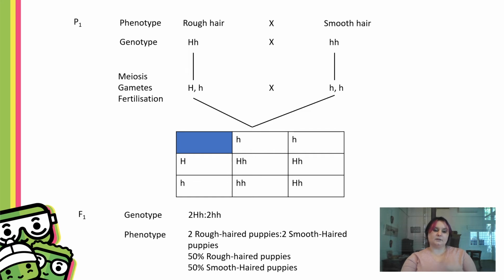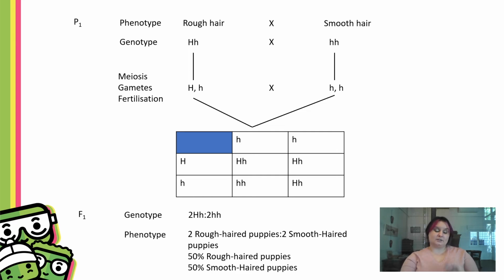So please, very important to remember this formatting. Practice using this format for answering the question. It will really help you. And you can even get some marks just for using the correct formatting, even if you end up getting some of the alleles and genetic part of the question wrong.